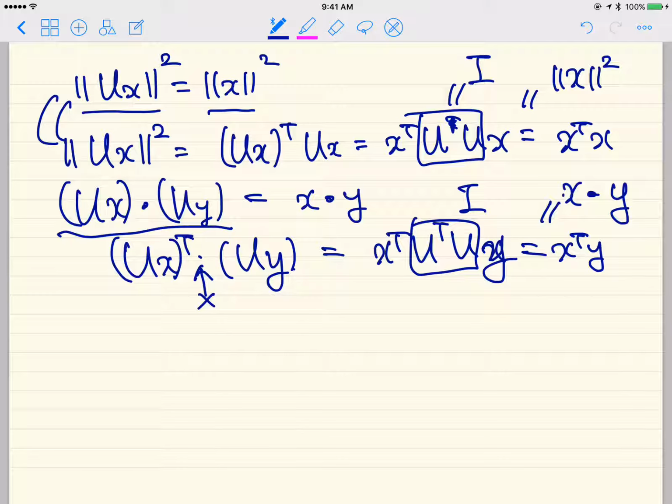Okay, and now let's try to understand this more intuitively. Why doesn't the length of the vector change? Why does the vector length remain the same?